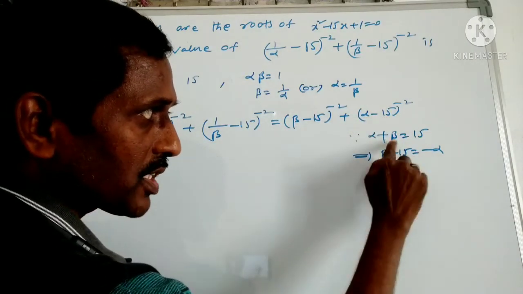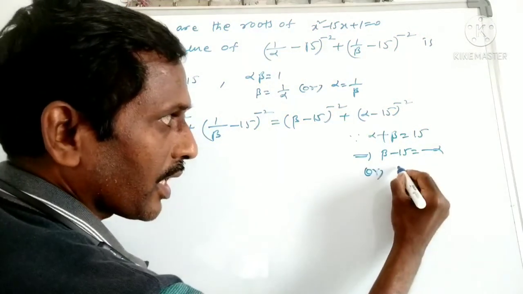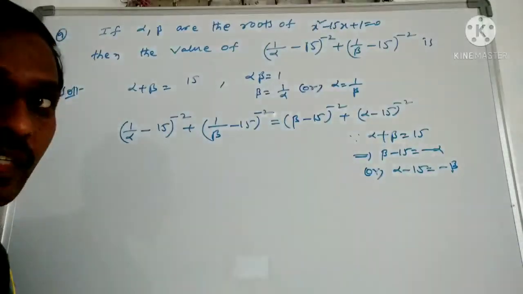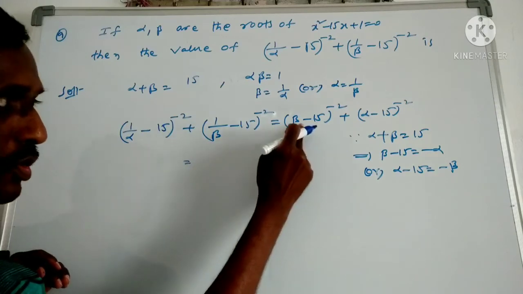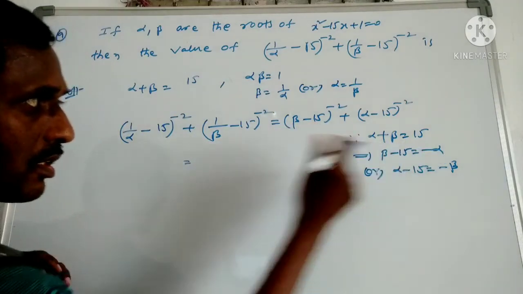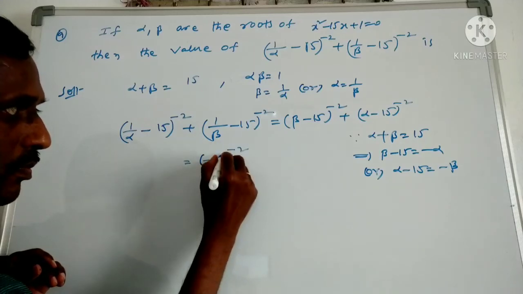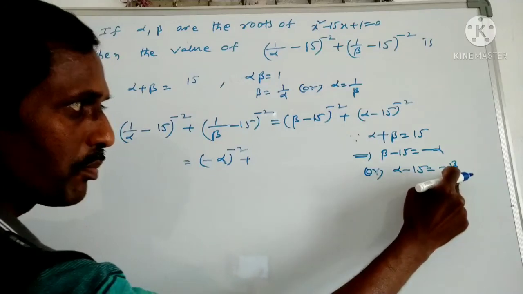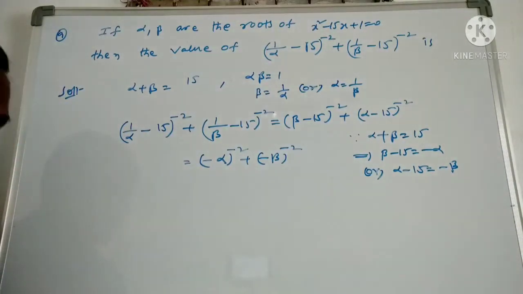So taking 15 this side, sending the beta to the other side, we can write alpha minus 15 is the value minus beta. Now substitute the values of these into this. This equals beta minus 15, what is it? Minus alpha to the power minus 2. Plus sign, alpha minus 15, what is it? Minus beta. So minus beta to the power minus 2.